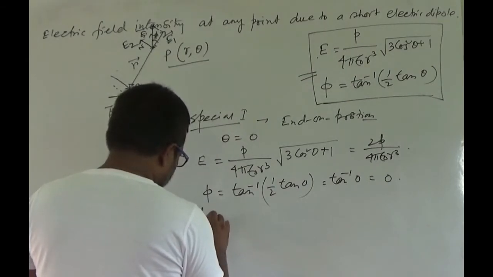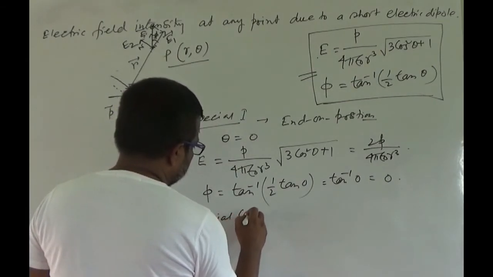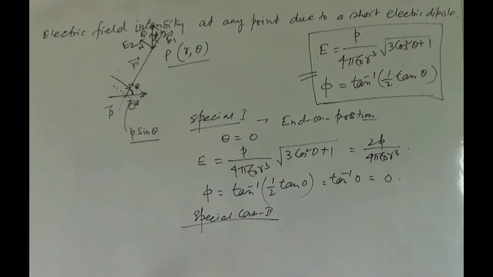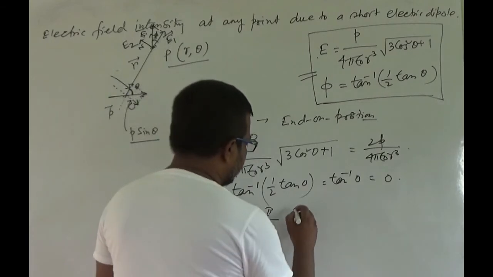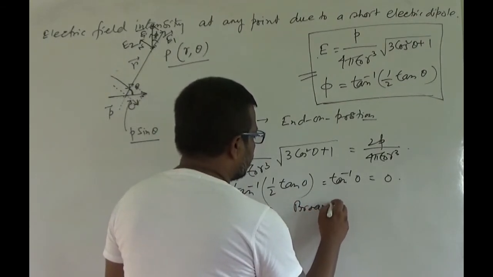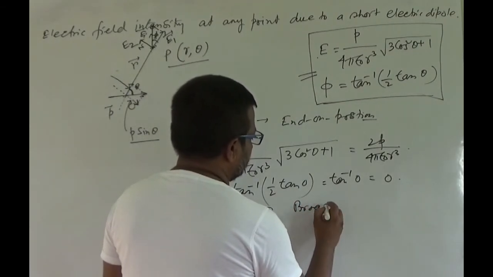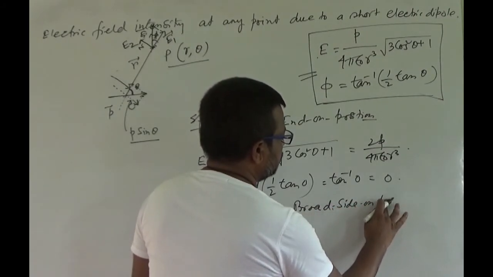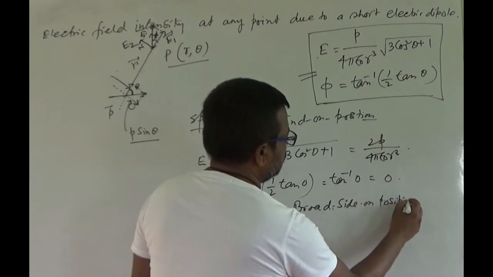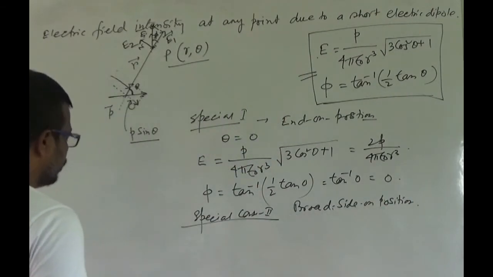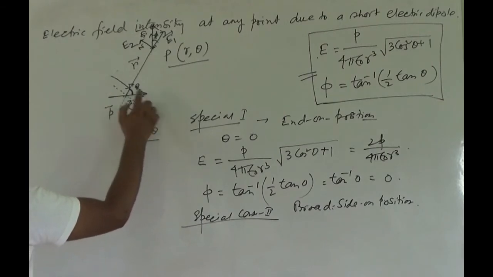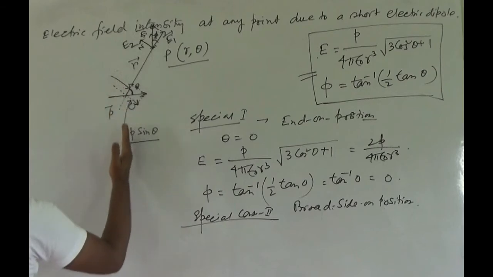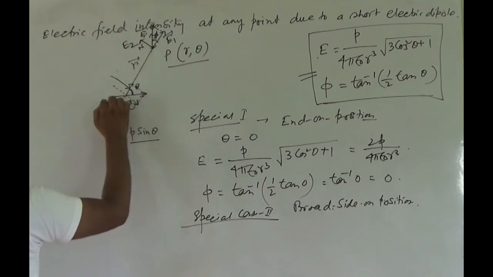And second special case is, if the position is on the equatorial plane, that means if the point or position is on the broadside on position, for that case, broadside on position means this is the dipole and the point is on the perpendicular bisector of the axis.